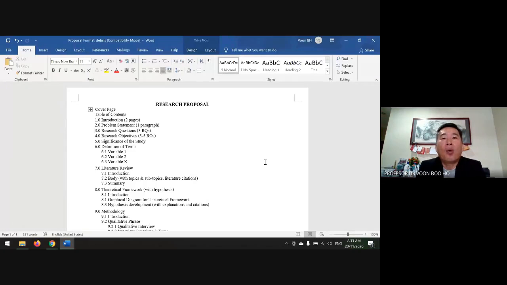For example, what are the important dimensions of tourist experiences with the homestay programs in Sarawak? What are the important dimensions? So these may be the questions that you would like to ask yourself. And maybe the second question will be like, how do the tourist demographic characteristics influence their experiences with the homestay programs?